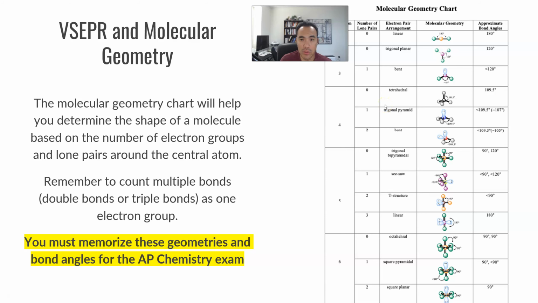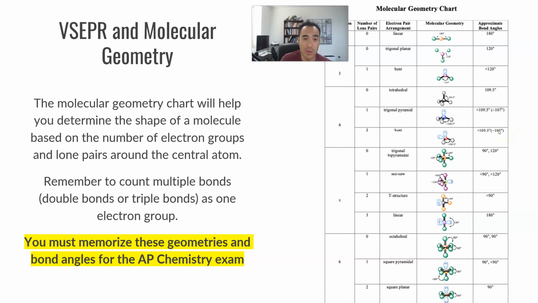Tetrahedral is going to be the other one for the geometry. If you have four things attached, either a lone pair or an atom, you would call it a tetrahedral if it has zero lone pairs, at 109. But notice carefully, if you have one lone pair, it'll be trigonal pyramid, and it'll be less than 109, and bent shape will be less than 109.5, about 105.